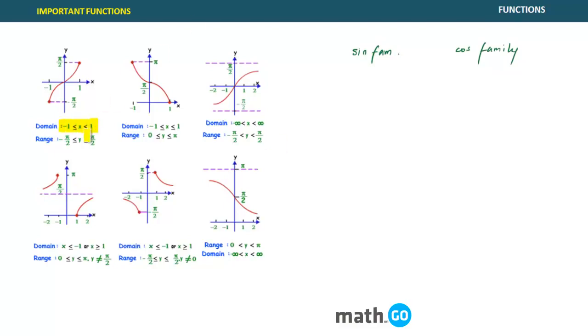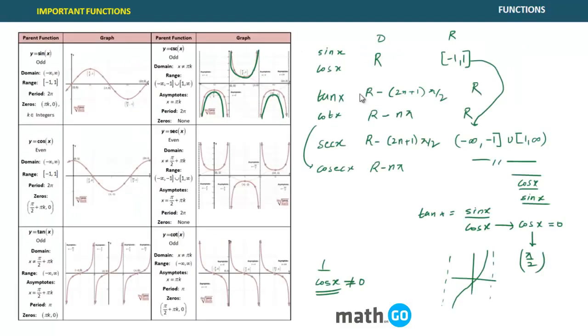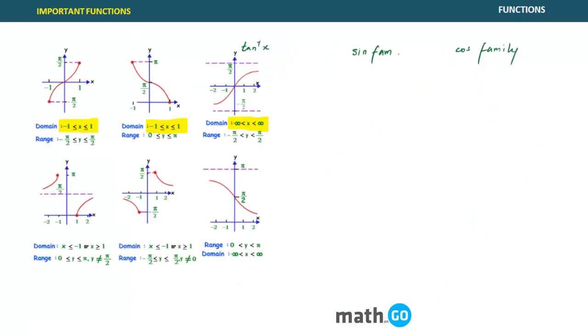The range of sine x becomes the domain of sine inverse. Range of cos x becomes domain of cos inverse. Domain of tan inverse is equal to the range of tan x. These are the graphs of tan inverse. What is the range of tan x? We just did it, the range of tan x is nothing but R. So it becomes the domain here.